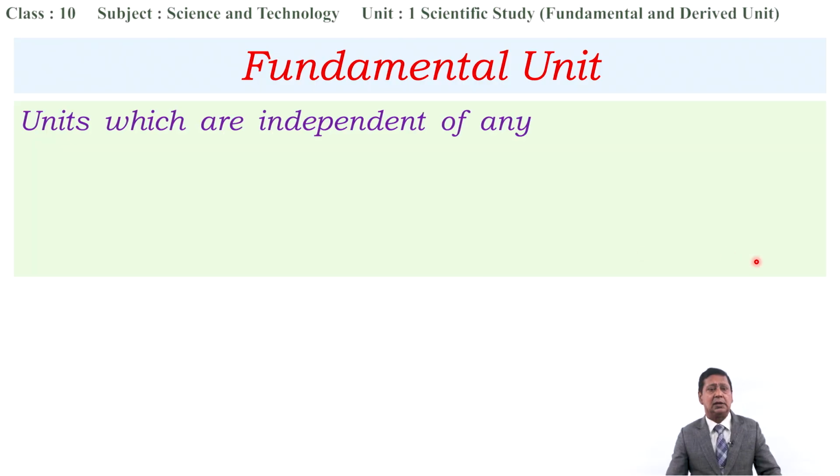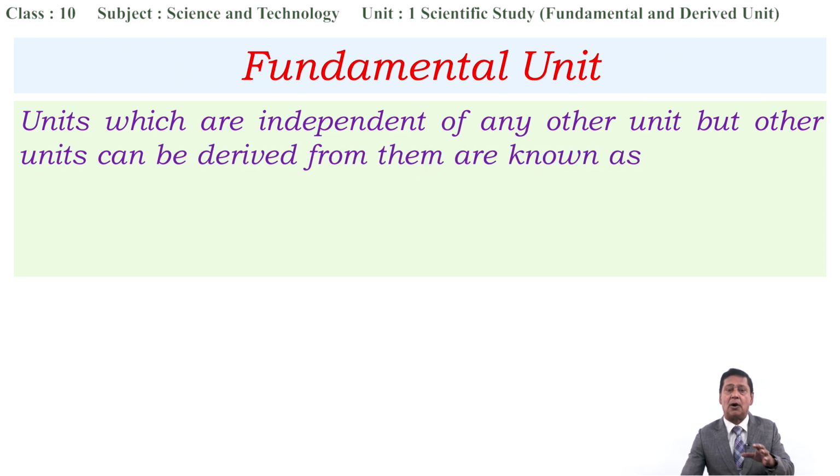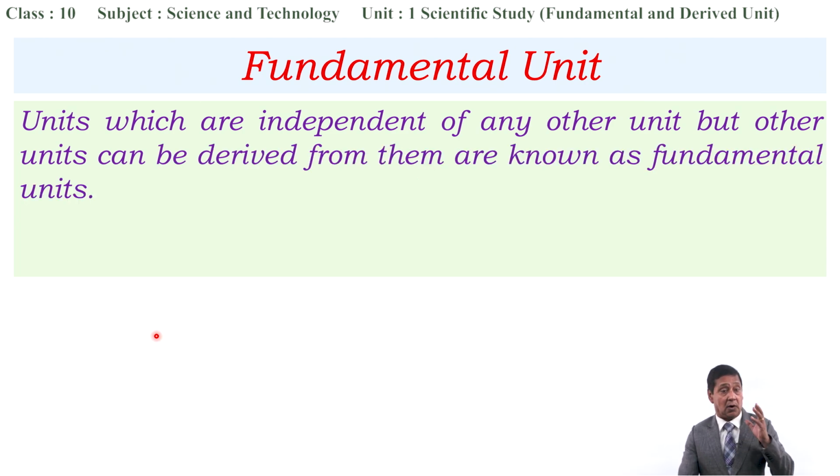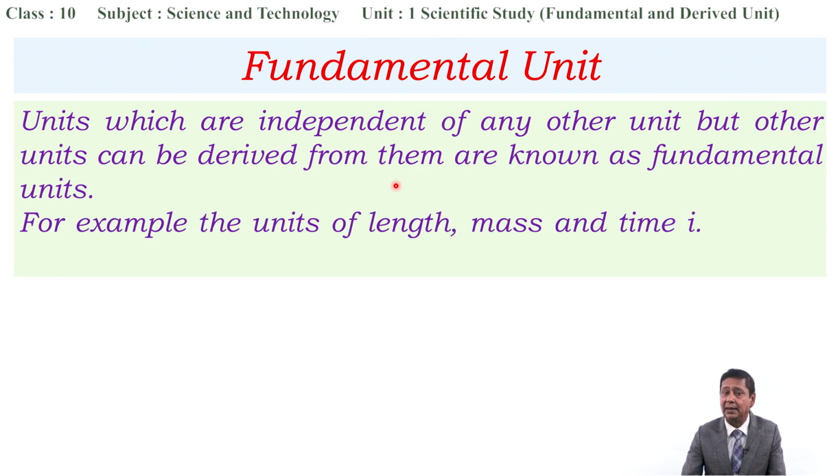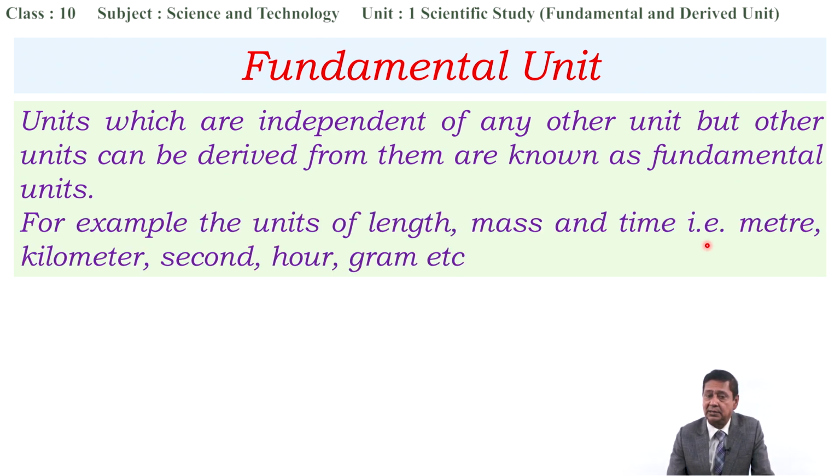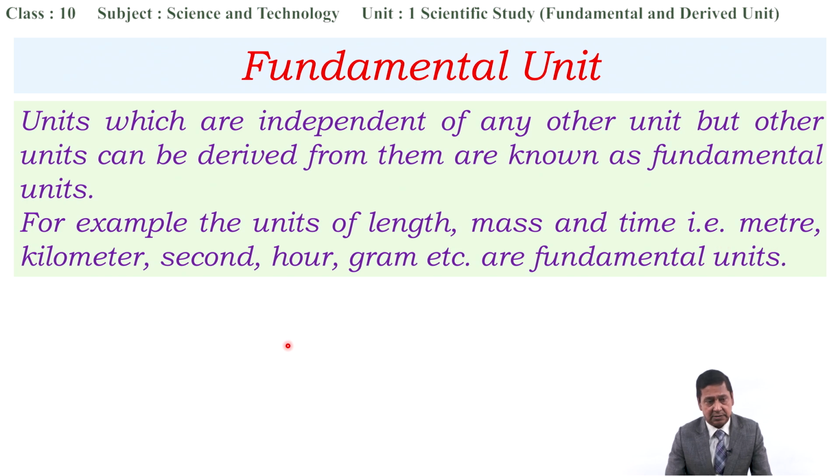We can define it this way: units which are independent of any other unit, but other units can be derived from them, are known as fundamental units. Understood? They are independent units, which don't depend on others, but others depend on them. For example, unit of length, unit of mass, unit of time, that is meter, kilometer, second, hour, gram, etc. are fundamental units.